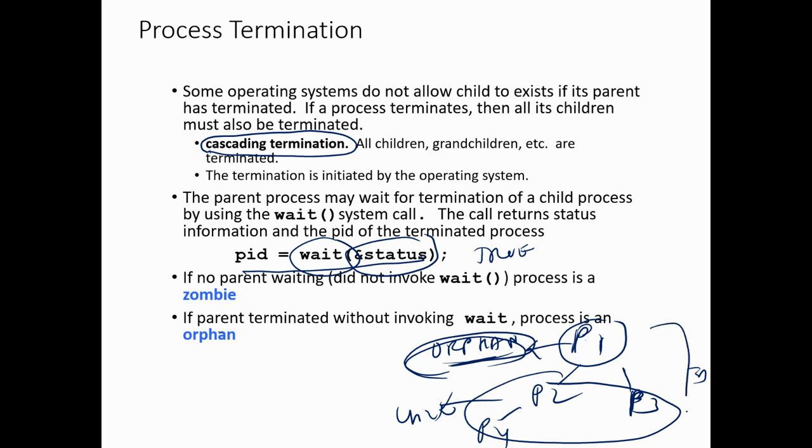It is not the convention that P1 should be deleted first when we have an architecture like this. If process P1 does not invoke any wait, then P1 is not going to have any parent or child, so we can say process P1 is going to be an orphan.